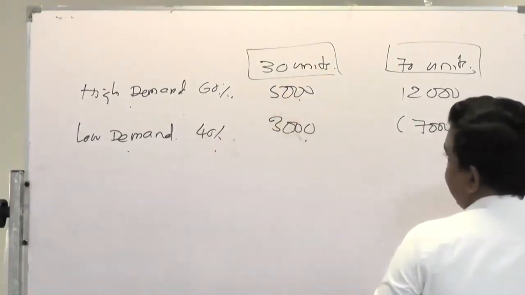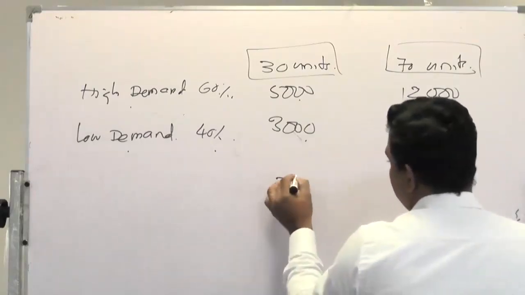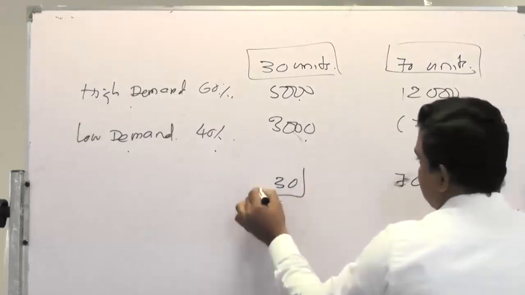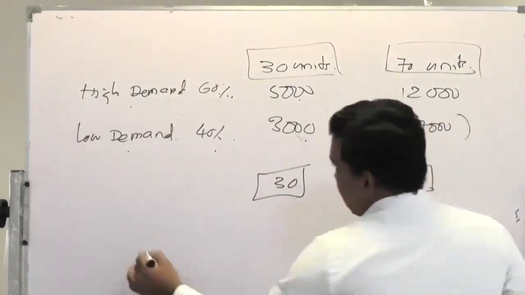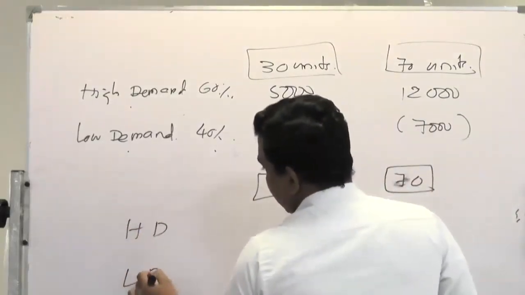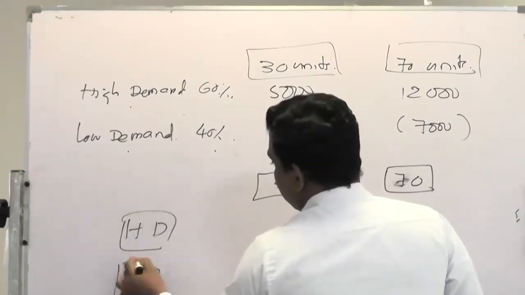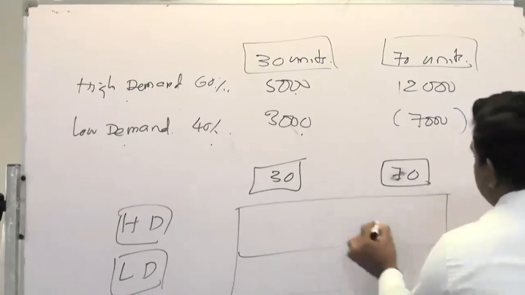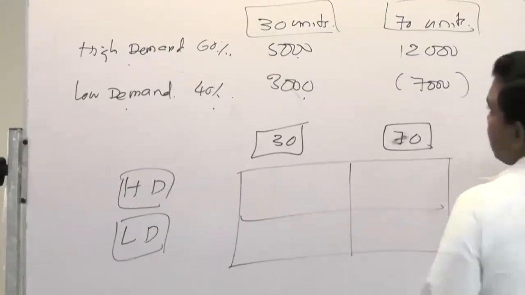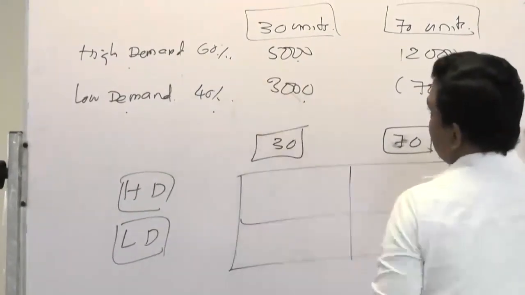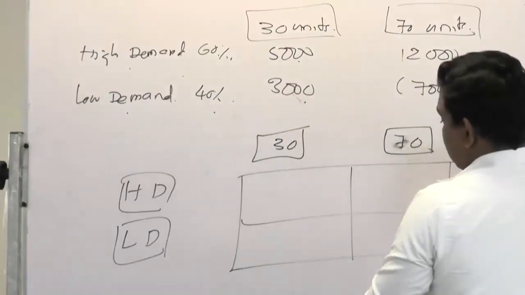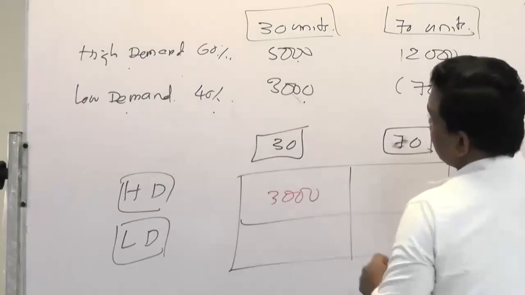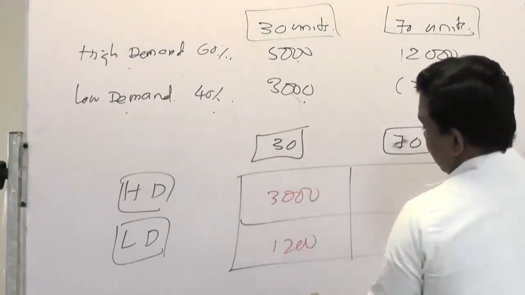If you multiply it and rewrite it again, 30 units, 70 units, right, high demand and low demand, if you multiply it by the probability and rewrite it again, see, 60% into 5,000, 3,000 is the value. 40% into 3,000, 1,200.